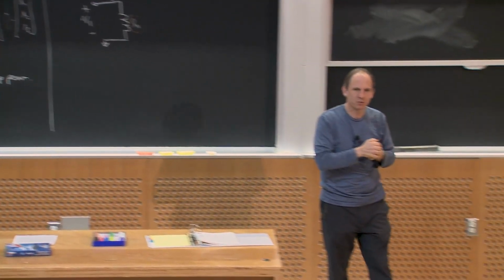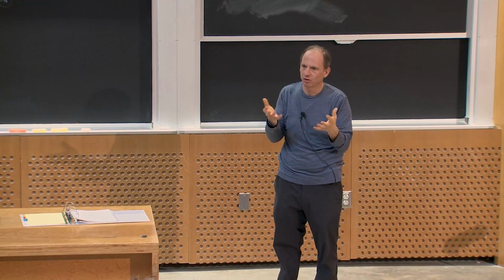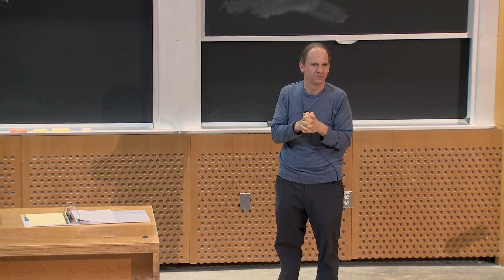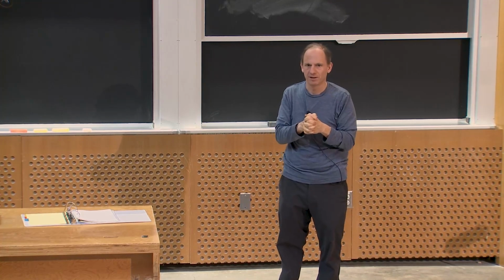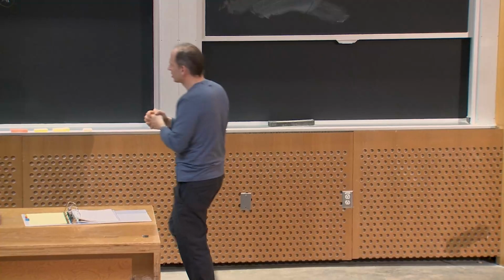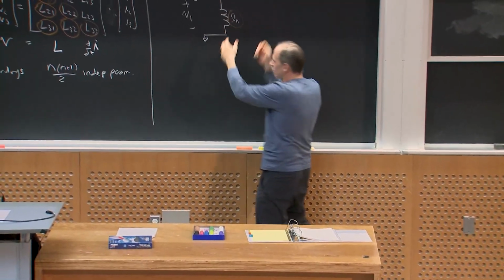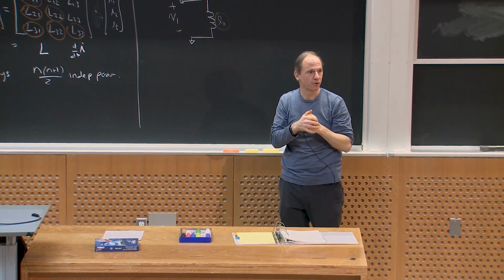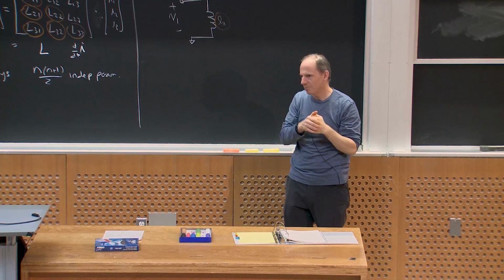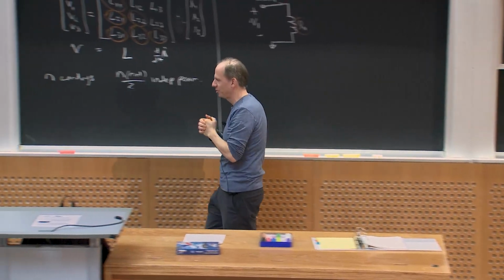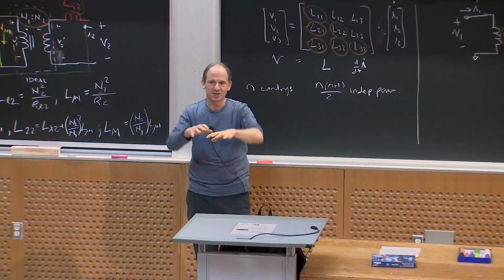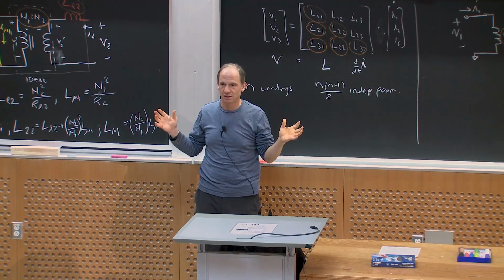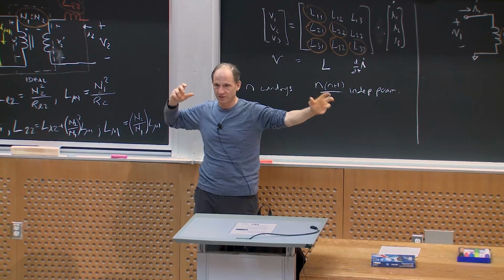How many more parameters would I need in general to model a two-port device, a two-winding transformer? 3, right? So I somehow need to extend this model so that I would have 2 additional free parameters. And if I want to keep it as simple as possible, I want only 2 additional free parameters. And again, I'm stepping back and saying, I don't care if they're physical parameters. I just want them to capture the terminal relations of the device.